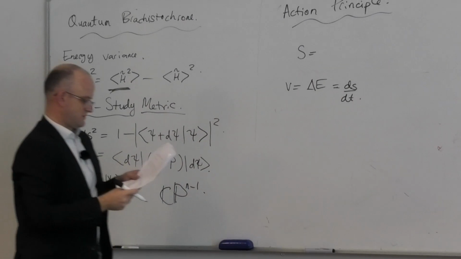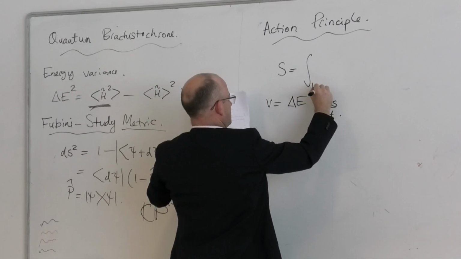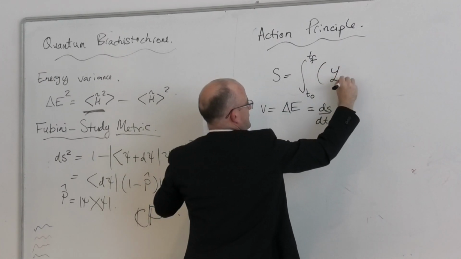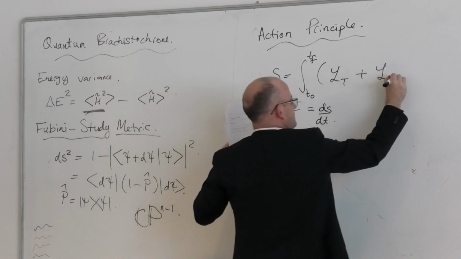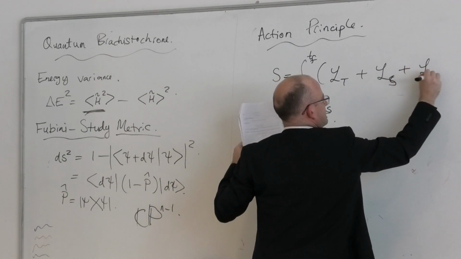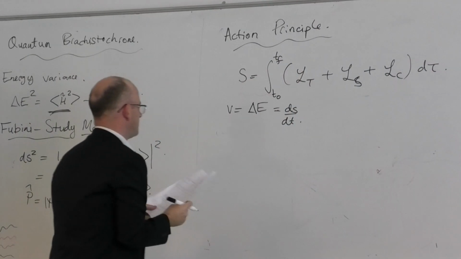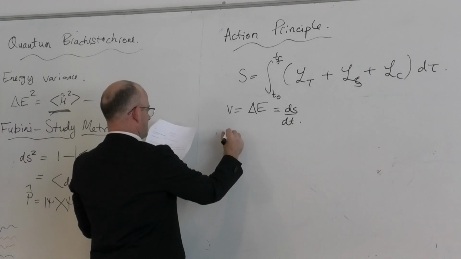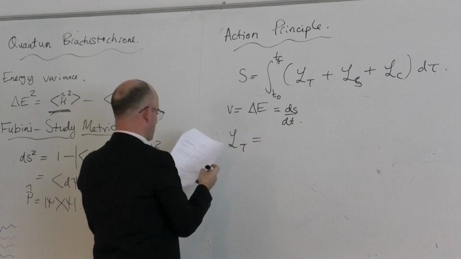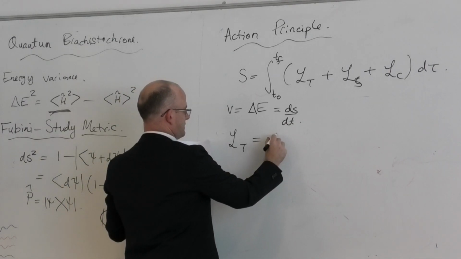Okay, and we have an action principle which is given by, I'll just show you what all these bits are. So L_T in this case, well, we want to minimize the time, right?